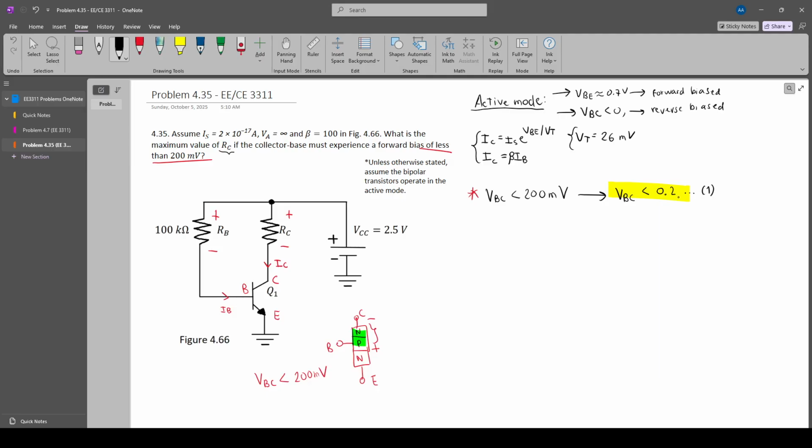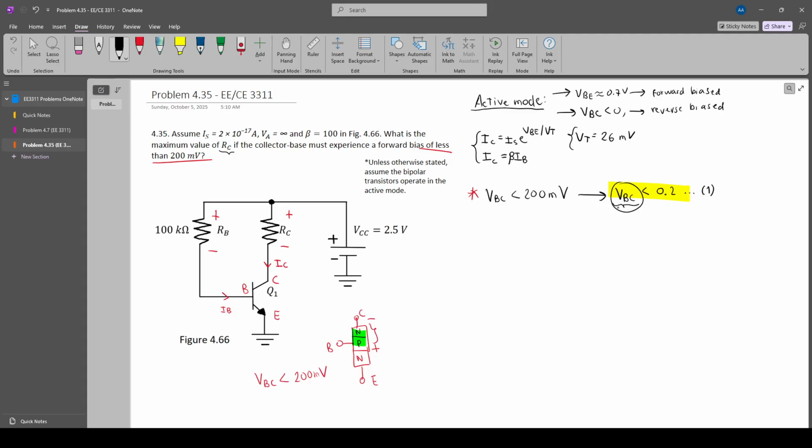If we only have this expression, which is the only condition that has to be fulfilled, it means that we have to find a V_BC value in terms of R_C in order to solve this expression, with only one variable. So our objective will be to find a V_BC value in terms of R_C, right?